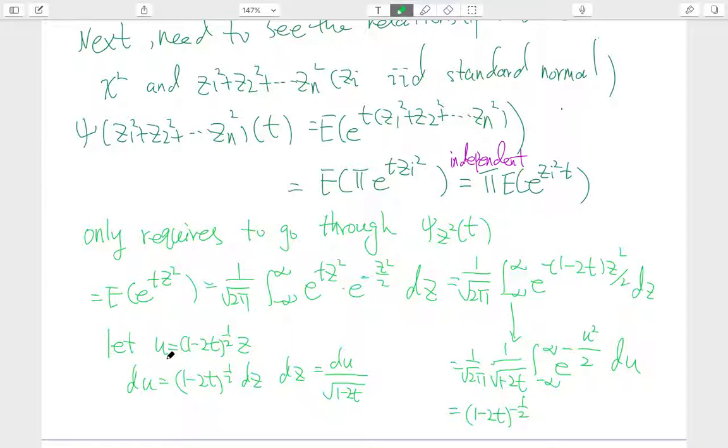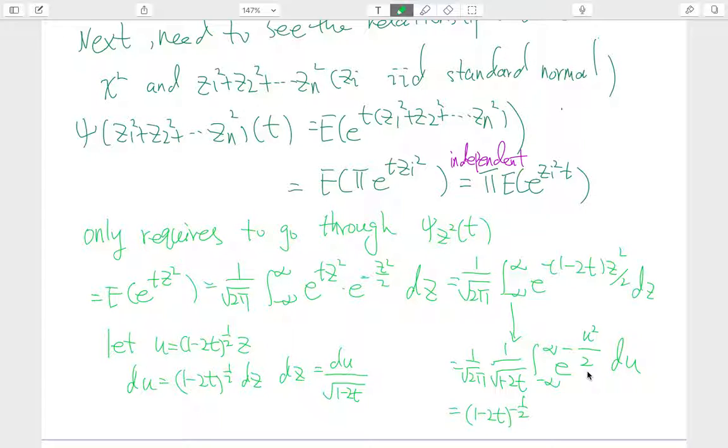And here it requires a little bit of wise substitution, because later on in the proceeding with the formulas, we would like to see something like Euler to the minus u squared over 2, because this is a standard form of a standard normal.